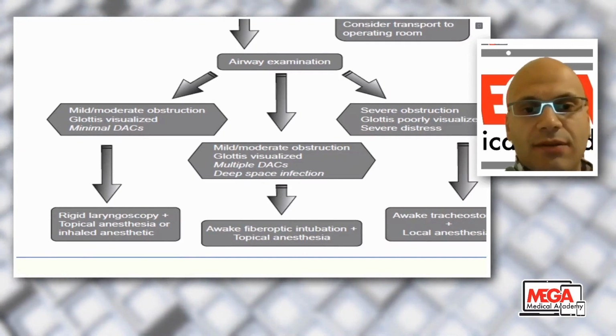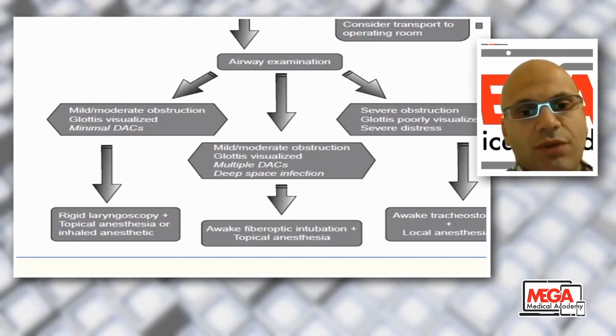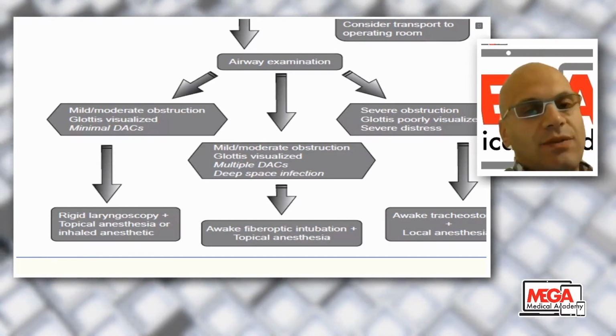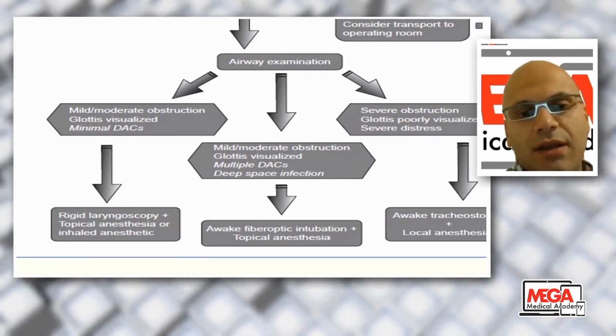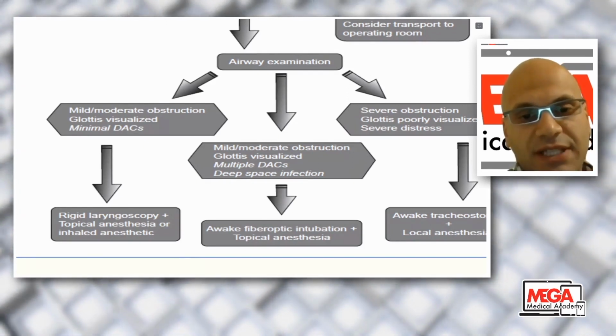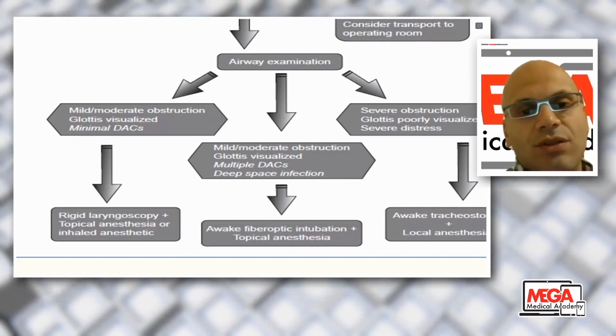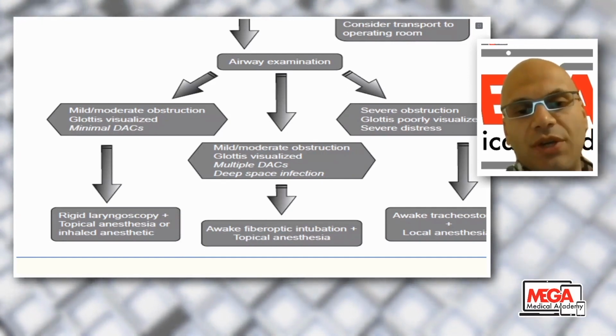But if there is mild to moderate obstruction and you can still visualize the vocal cord, but there are multiple difficult airway characters, like retrognathia, large tongue, the criteria that we said: difficult intubation, difficult mask ventilation, the recommendation here is to do awake fiber optic intubation under topical anesthesia.